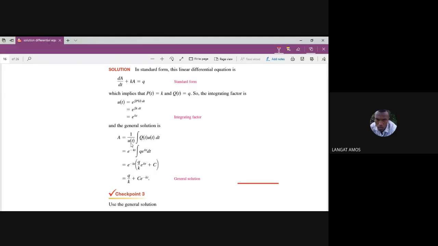Then multiplying by e^(-kt), which is e raised to negative kt, we get Q over k plus c e raised to negative kt. This is now the general solution.